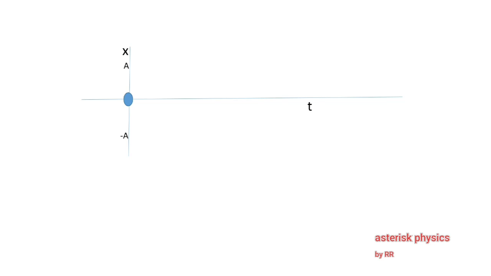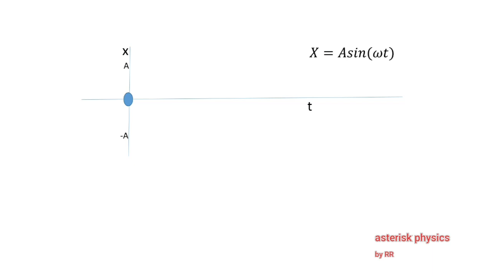Now let us see how position varies with time for a simple harmonic motion. That is, when the particle starts executing simple harmonic motion, how the position of the particle changes with respect to time, or if you plot the positions for different times, how it looks.